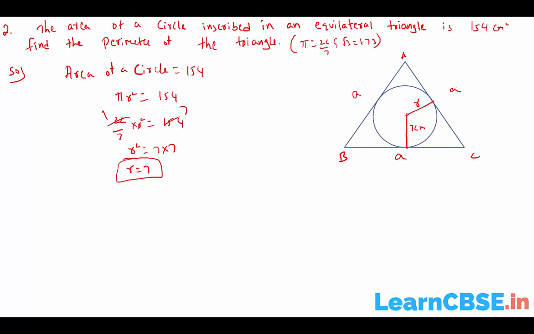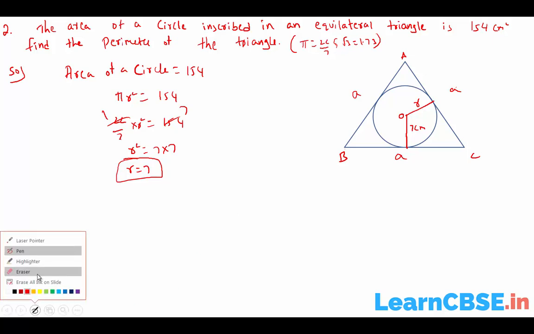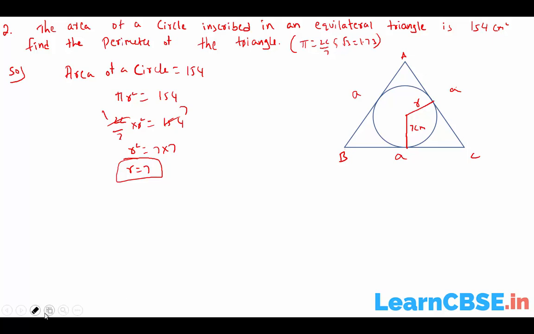Now if you observe, this is circle center, that means incenter. So incenter denoted by I. Now join A and I. Let I is incenter of a circle, that means radius ID, let it be D, equals to 7 centimeters.